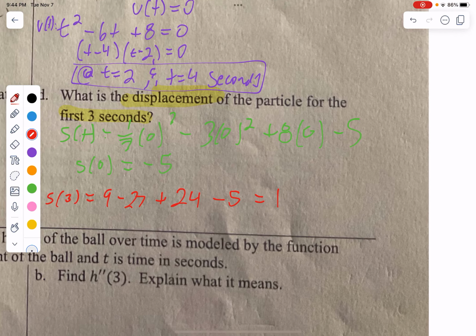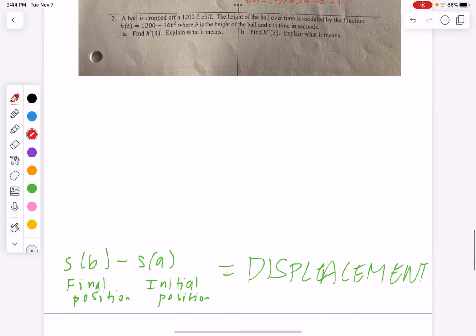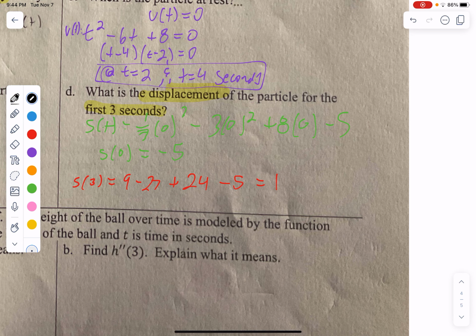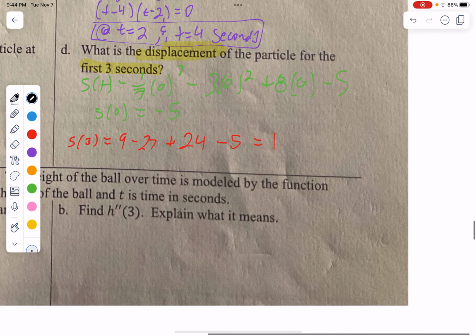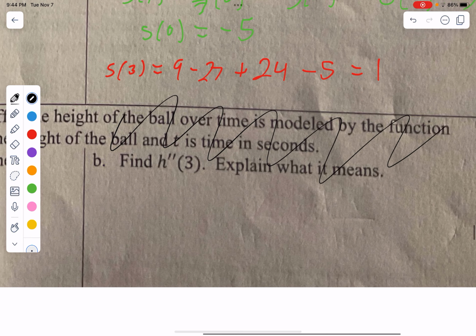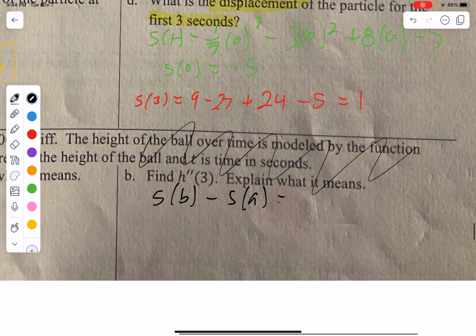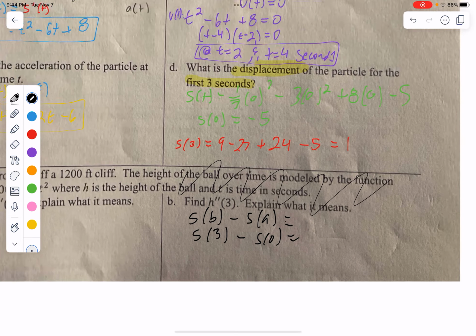All right. So based again on this displacement formula, S of B minus S of A, we'll go back to black so y'all can actually see this time. We will have S of B minus S of A equals displacement, and basically that is S of 3 minus S of 0, which we solved for up here.